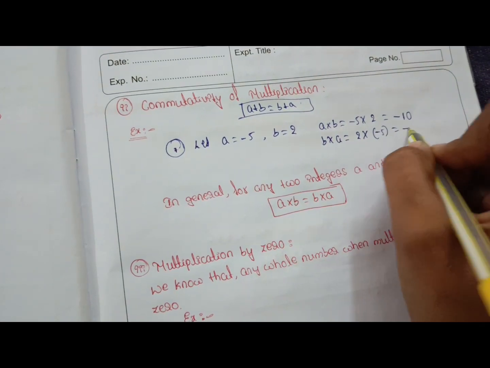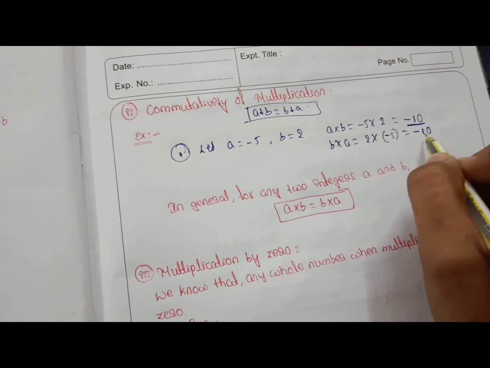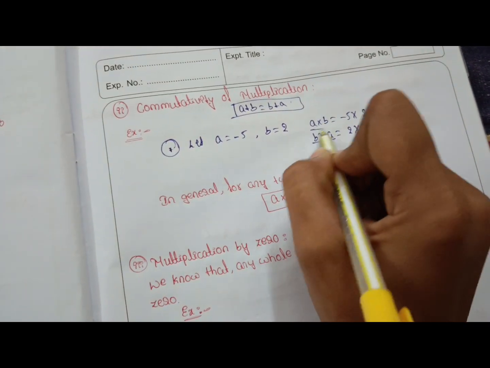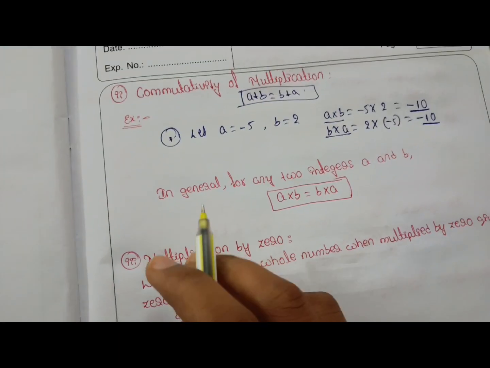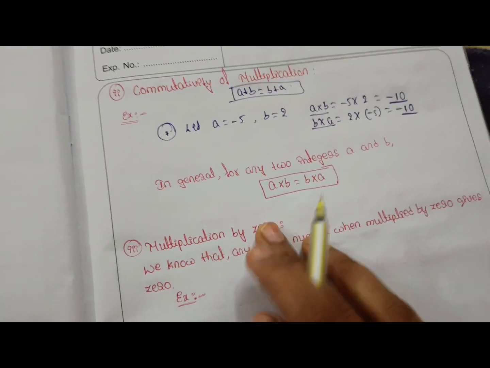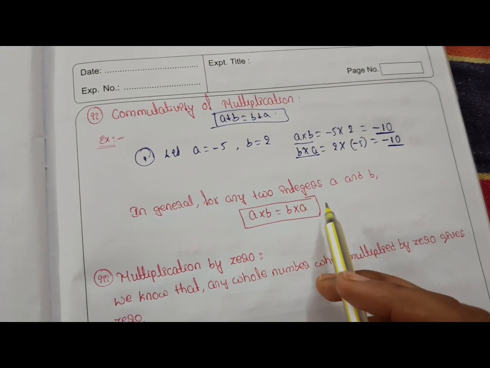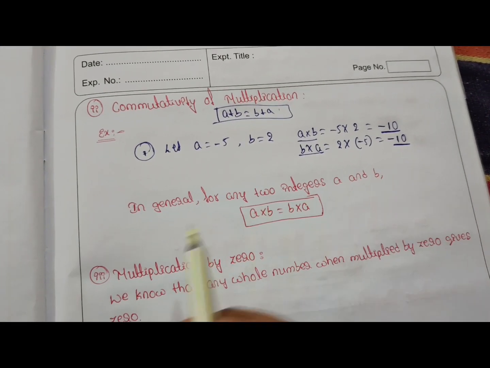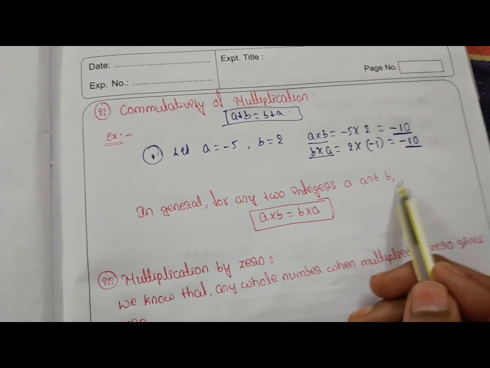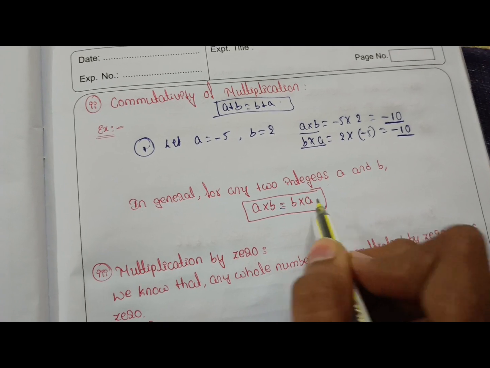Plus into minus, minus. 2 5 is a 10. The answer is the same for both the conditions. So here we can conclude that this property is satisfied for multiplication. So the commutative property is satisfied for the multiplication of two integers. So in general, for any two integers a and b, we can say that a into b is equal to b into a.